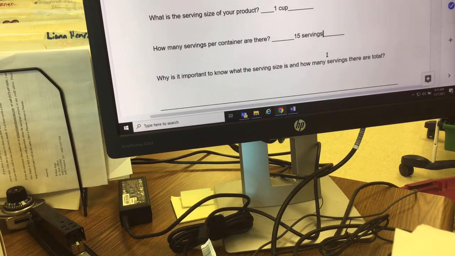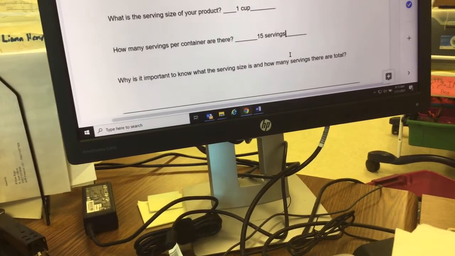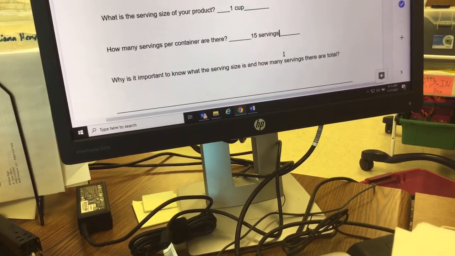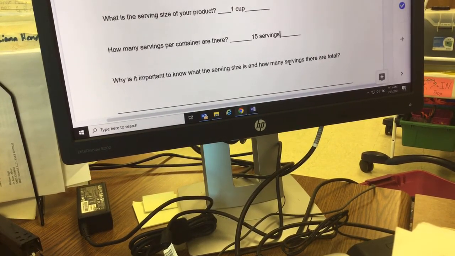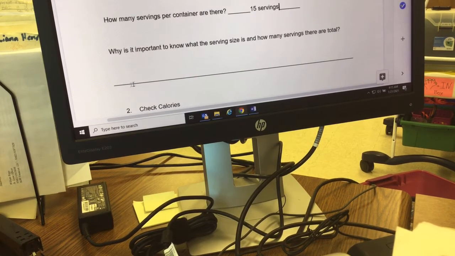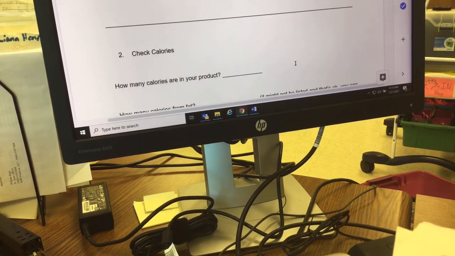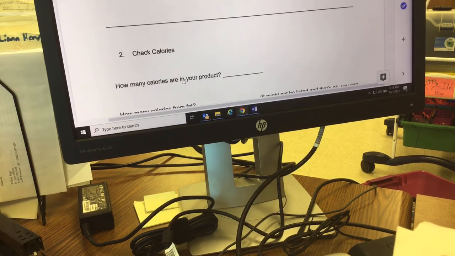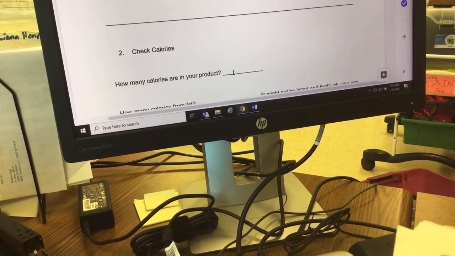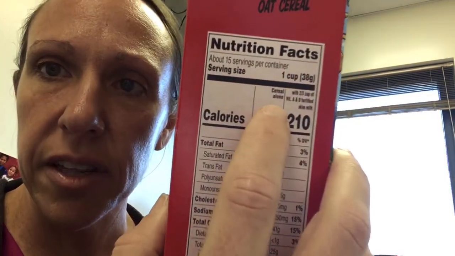Why is it important to know? I just kind of told you why we would want to know, because if you're eating more than 1 serving, you're doubling and tripling the amount of calories. So filling in that answer. All right, we're checking the calories. How many calories are in our product? If I'm looking at my Captain Crunch here, the cereal alone is 150 calories.